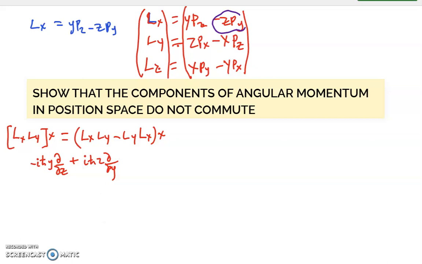So we want to multiply this with negative i h cross z for the second one, Ly, which is d/dx now, because here we've got z px, so it is d/dx, operating on x.